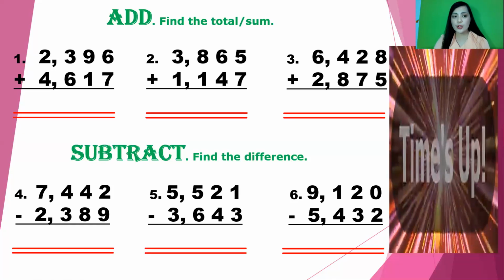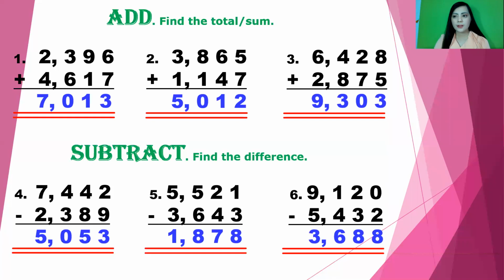The correct answers are right there. So number one is 7,013. That's plus. Number two, 5,012. I hope you're correct. Okay, it's just a practice for you, but you have to do it by yourself honestly.